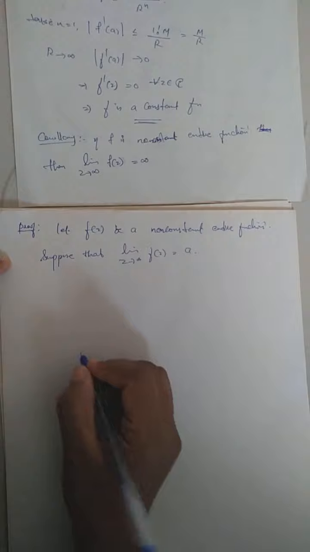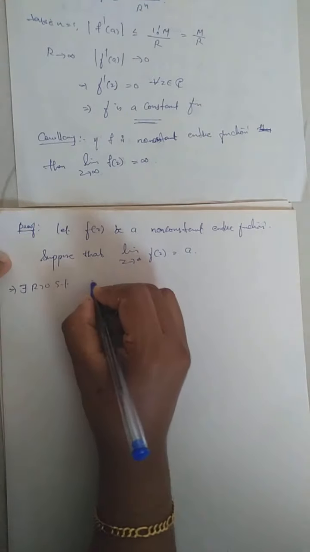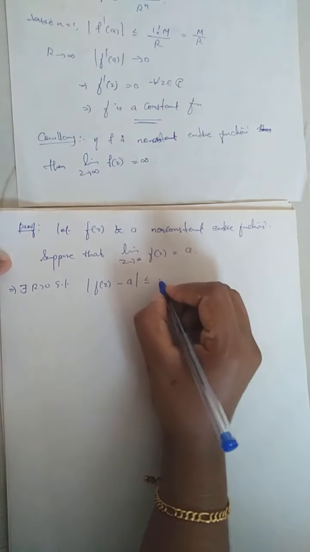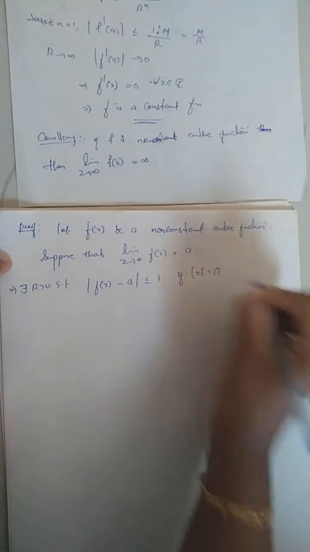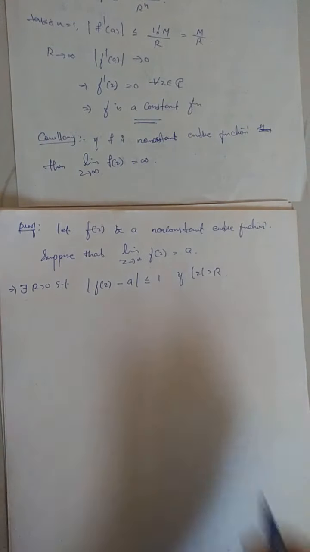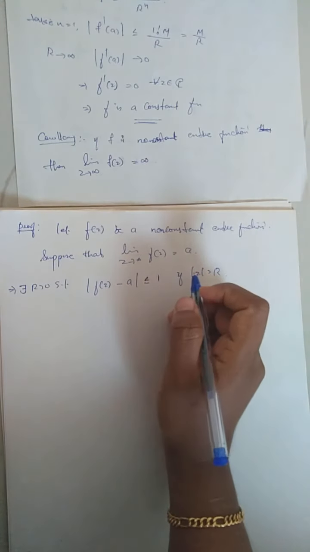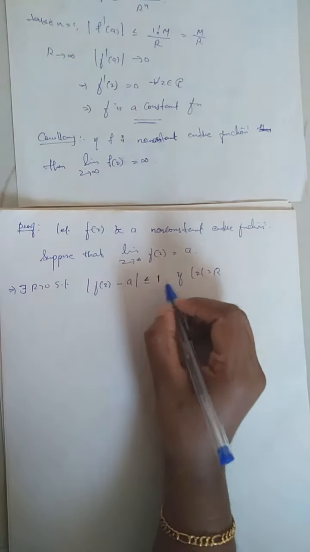Then what will happen? There exists some R greater than 0 such that |f(z) minus a| is less than or equal to 1 if mod z is greater than R. That means we are choosing the value epsilon equal to 1.